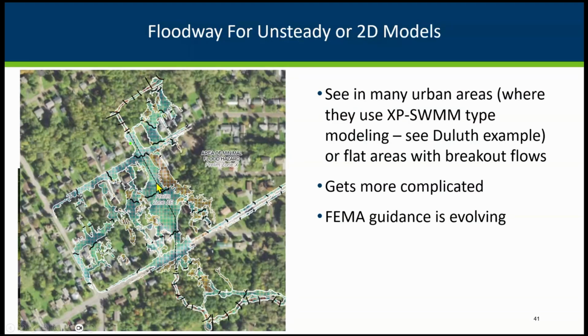And so the main stream is still going through here, but it's showing all these breakout areas and a lot more along the streets here, which is more accurate, but it does make things more difficult from a regulatory standpoint. And that's something we're starting to get more information, more guidance about how to handle that from a regulatory standpoint. But FEMA guidance is also evolving on that mapping. But that's definitely the direction we're going.